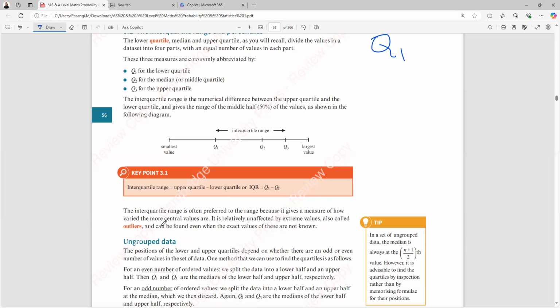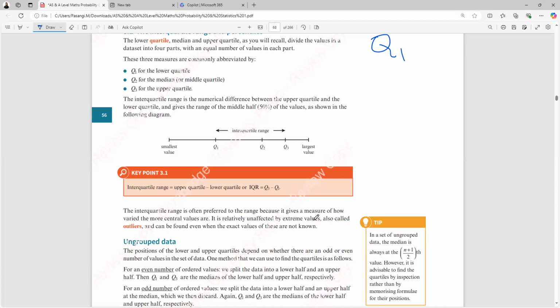So what will happen? The interquartile range is often preferred to the range because it gives a measure of how varied the more central values are. And also we can find out what the outliers are. That means this interquartile range is relatively unaffected by the extreme values.